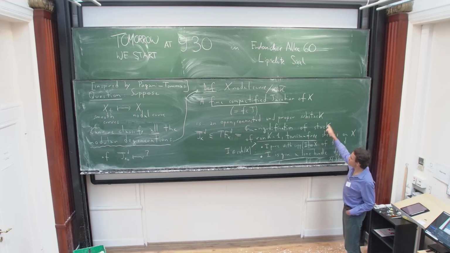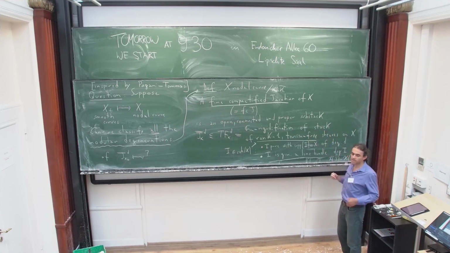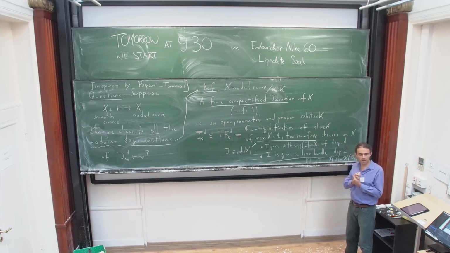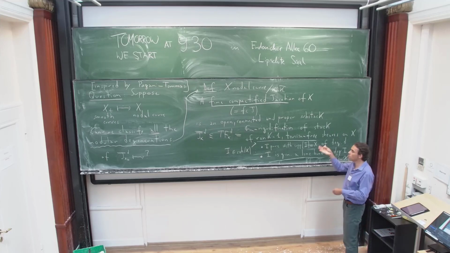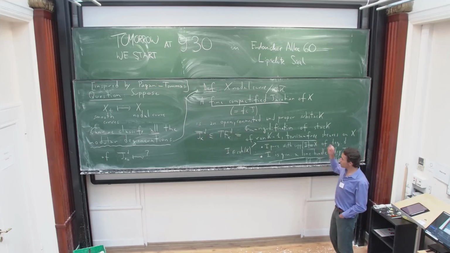Okay, so there is a stack parameterizing all these objects. Then any such object has a G_m automorphism, the scalar automorphism. So I remove these automorphisms.